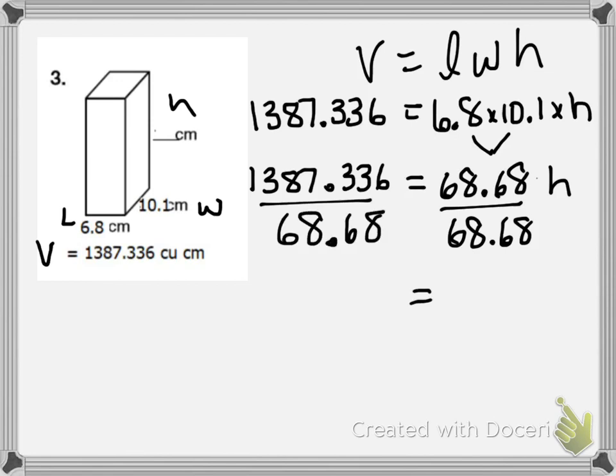And that'll find us the height. So on the right there, that reduces to 1, so that's 1h. And when I type this into my calculator and divide, we end up with 20 2/10. And that would be centimeters.